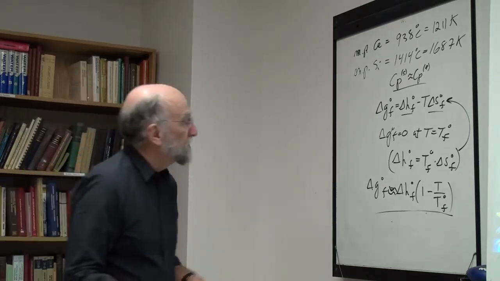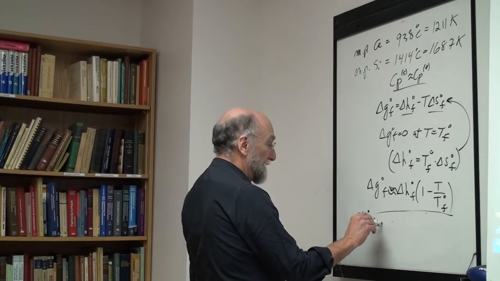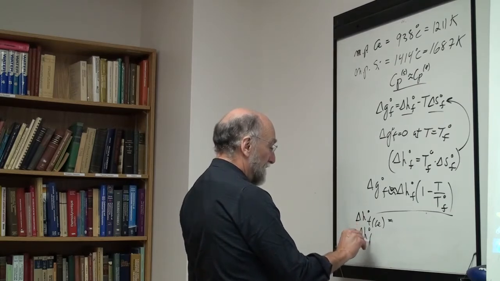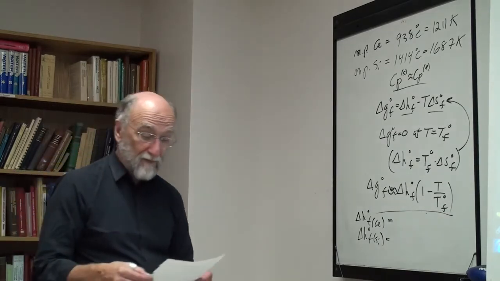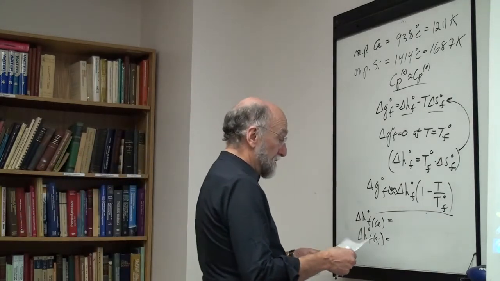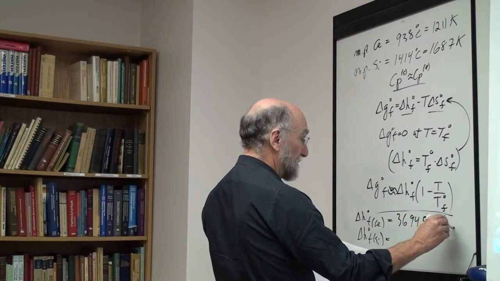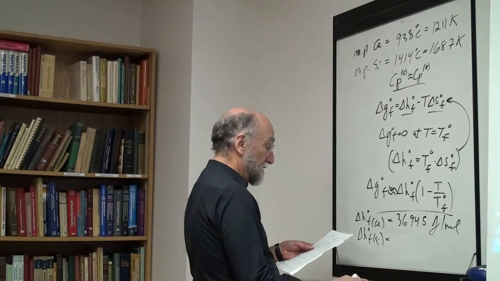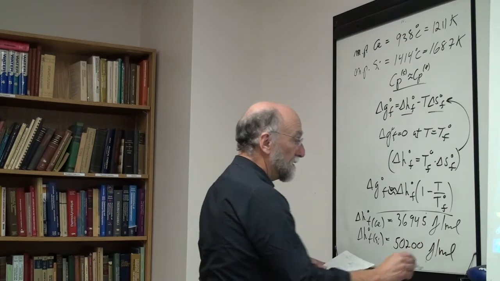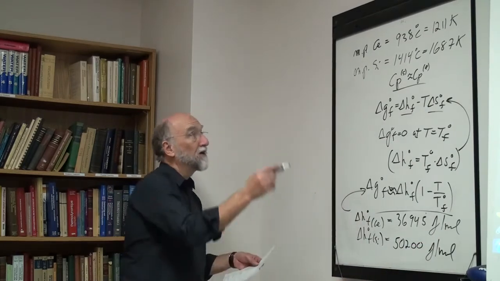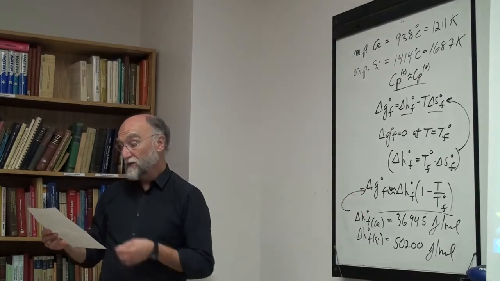Okay. So now we have the heat of fusion. The heat of fusion of germanium equals 36,945 joules per mole, and of silicon it's 50,200 joules per mole. You can put those back into here along with the melting points, and you get an expression for the Gibbs energy of fusion as a function of temperature.